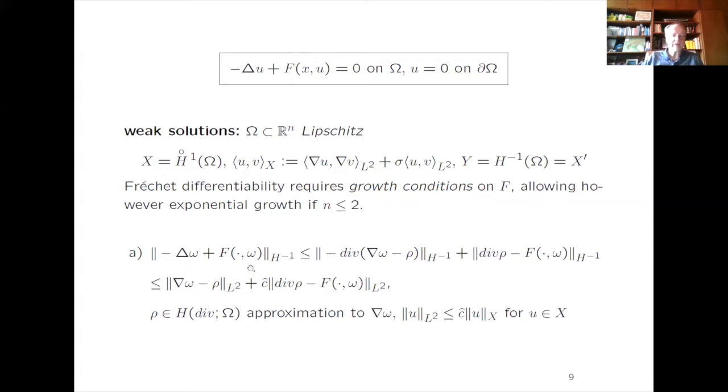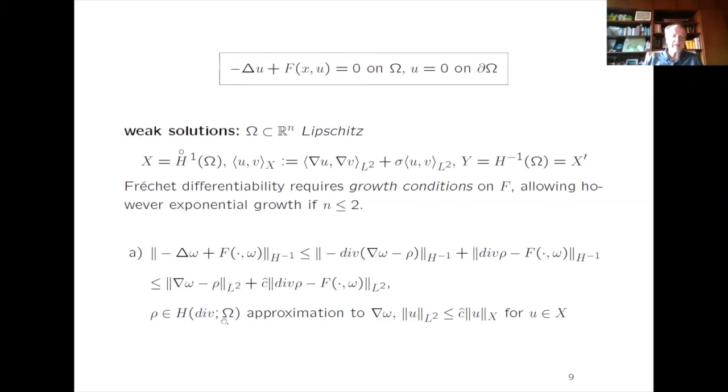To get such a bound, I think the easiest way is to first do the following. Besides this approximation omega, which is of course an approximation in H^1_0, compute a second approximation rho in H(div) of omega, which means that the divergence of rho has to be an L2 function, and that shall be an approximation to the gradient of u. I'm not saying here how to compute such an approximation, but that can be done.